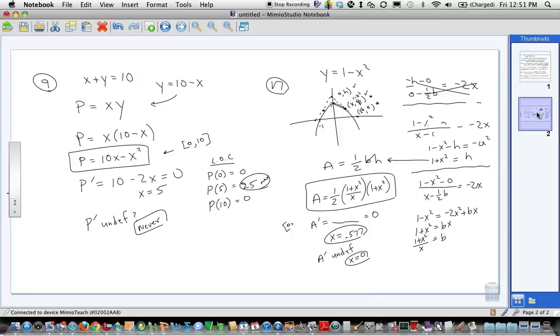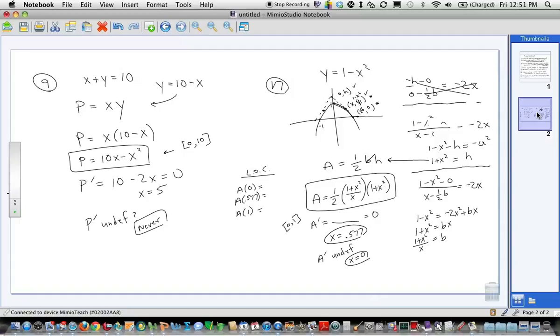So 0, what's the biggest x could be? If the tangent line was all the way down there at the x-axis. So the endpoints are 0 and 1. So my list of candidates for this one would be A of 0, A of 0.577, A of 1.